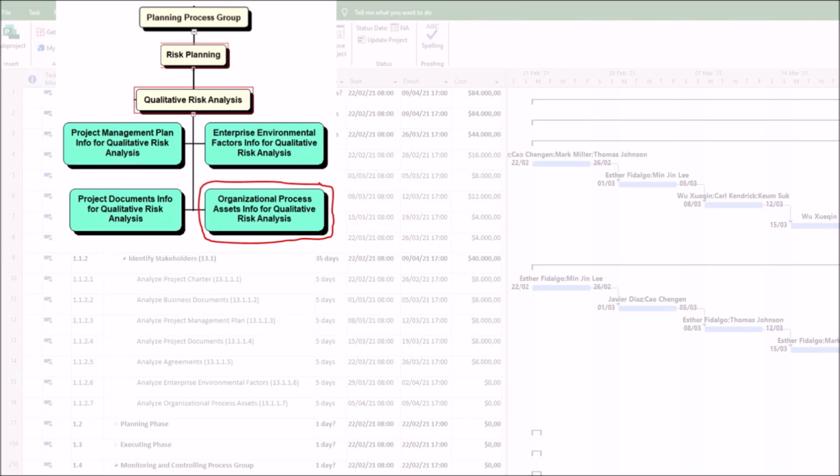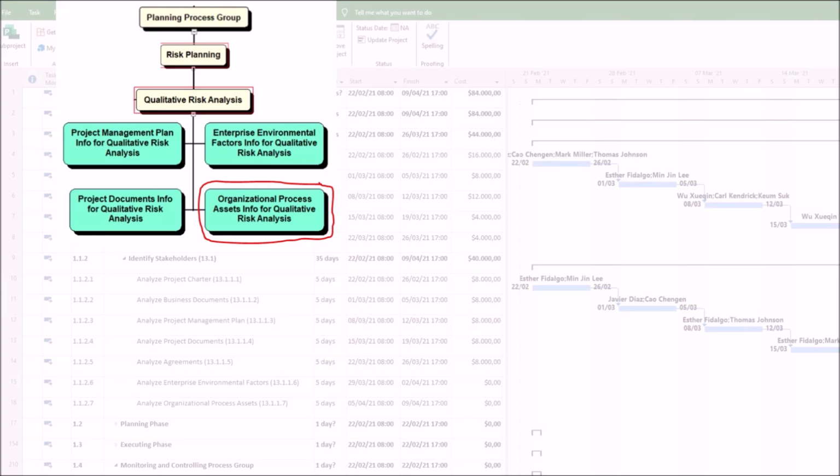Third, increased project vulnerability. Critical emerging risks are not identified early due to poor categorization and trend analysis. Fourth, stakeholder mistrust. Decisions appear arbitrary or poorly justified when risk priorities aren't based on organizational historical data and standards.